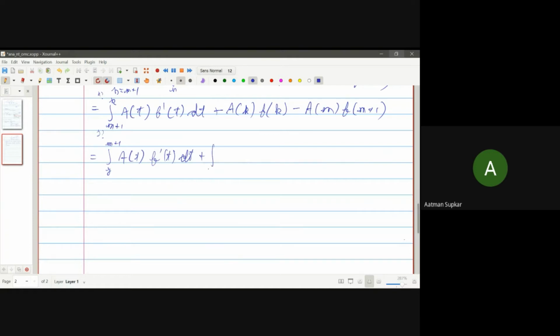Plus, what else do we want to add? We want to add the k to x part, the integral from k to x of A t f dash t dt, plus what we already had. And we subtract this later.